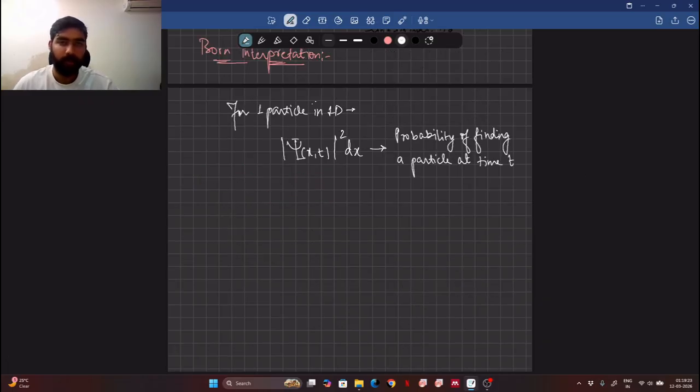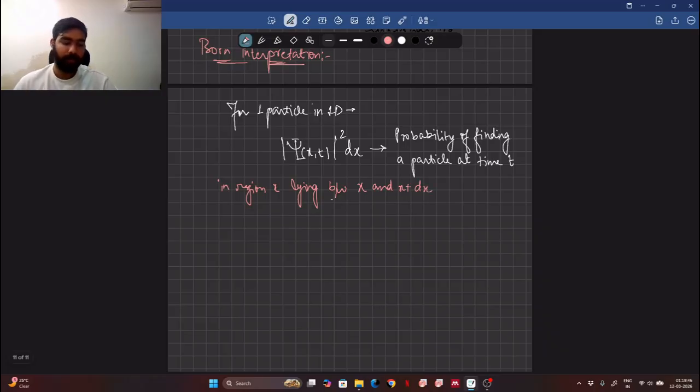The particle can be found at time t in the region x, lying between x and x plus dx.